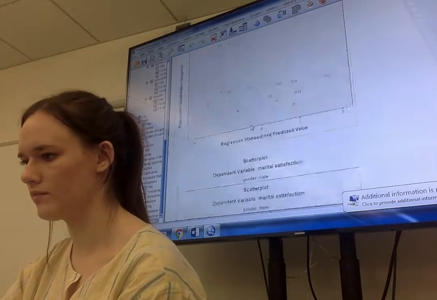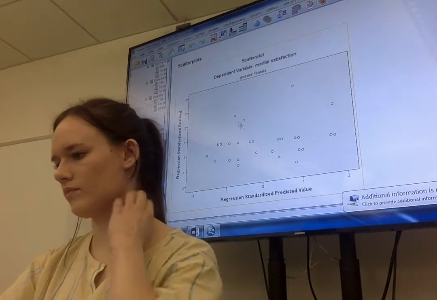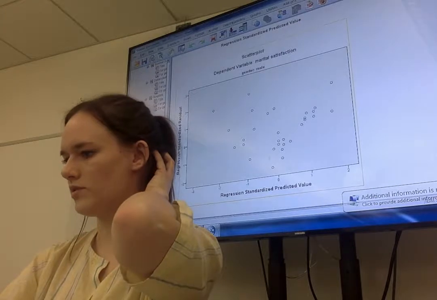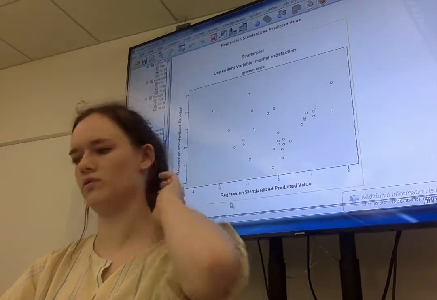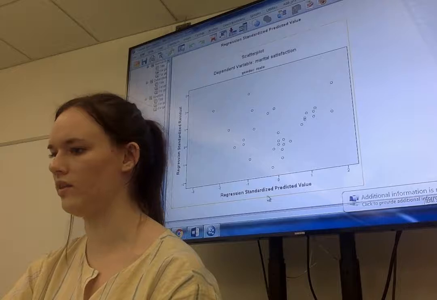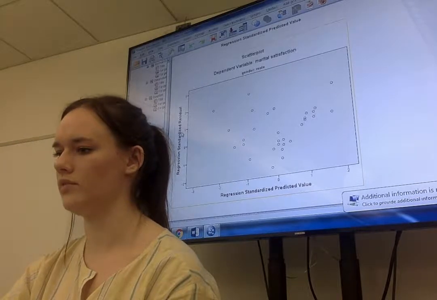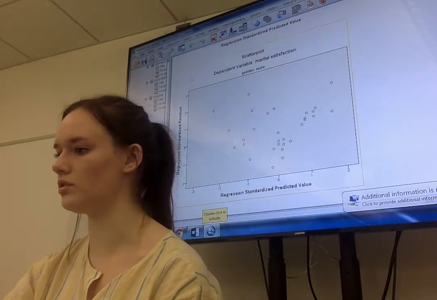Okay, so let's just do that. At the bottom you can see the regression standardized predicted value, and the Y is the standardized residual.